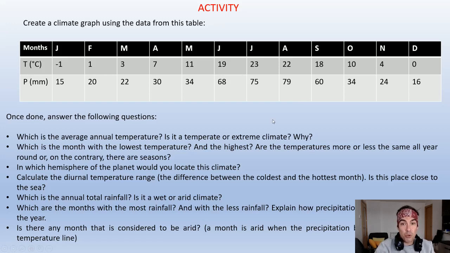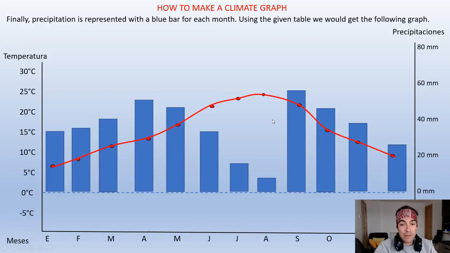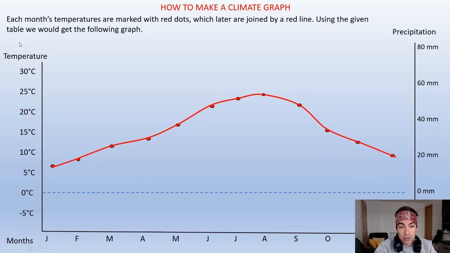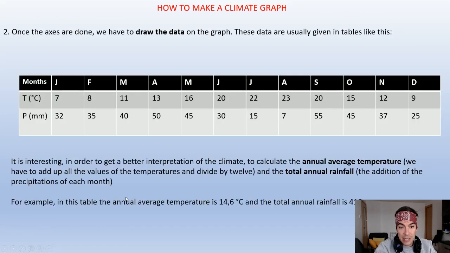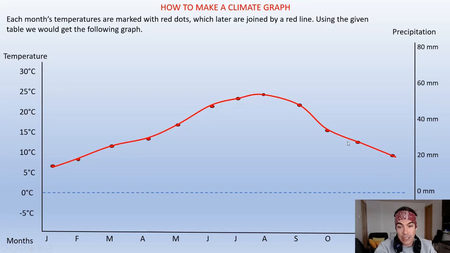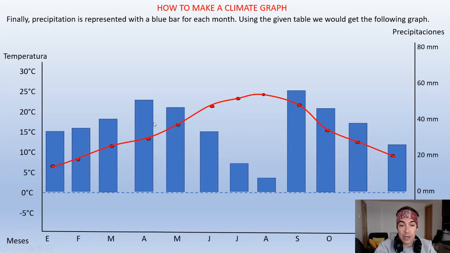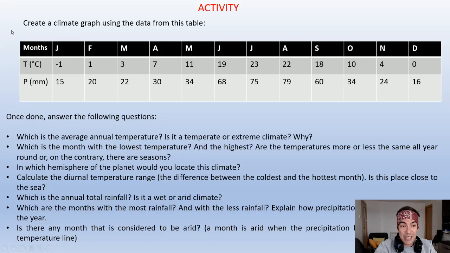You have to draw a climate graph such as this one. You have to draw the axes, then draw the line of temperatures, and then draw the bars of precipitation using this data. This is one of the activities, and then you have to answer the following questions. This is what you have to give to me next week.